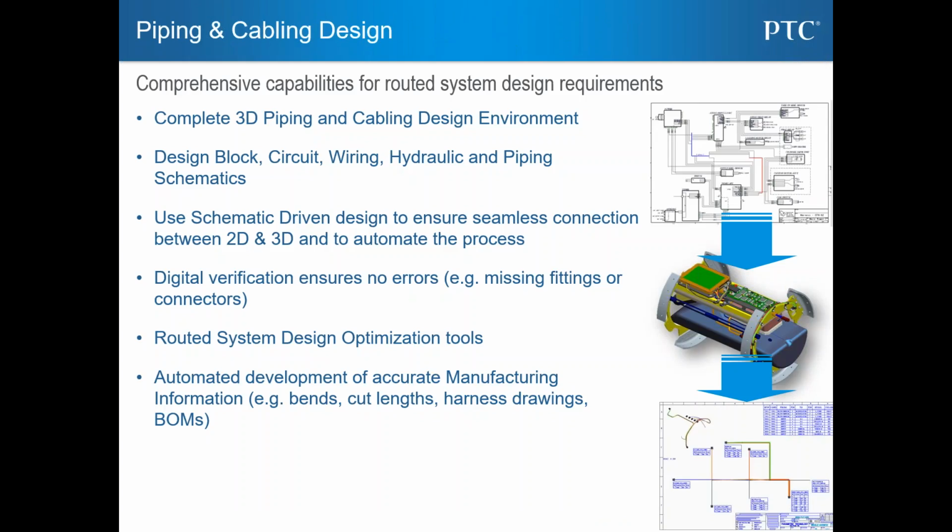Piping and cabling, pretty self-explanatory. It provides you a 3D piping and cabling environment in your design so that you can go back and forth between schematics from 2D into 3D to help automate your design process for piping and cabling.